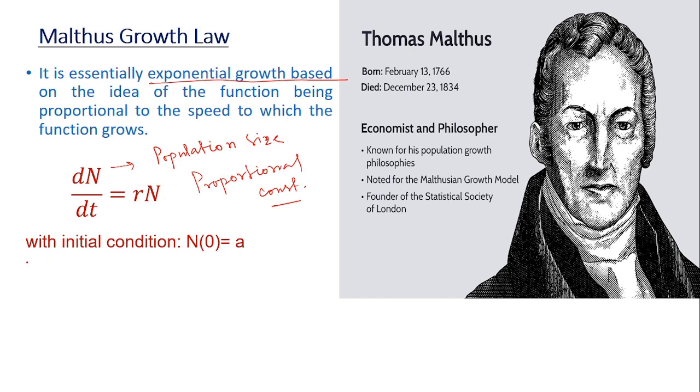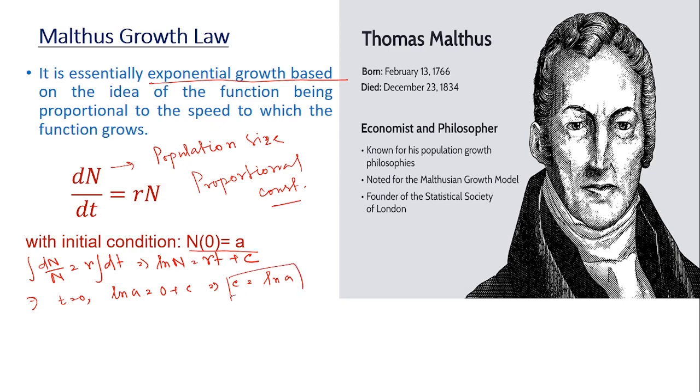Integrating, we get dN/N equals r dt. After integrating, we get ln N equals rt plus c. Given N(0) equals a, for t equals 0 we get ln a equals 0 plus c. That means c equals ln a.